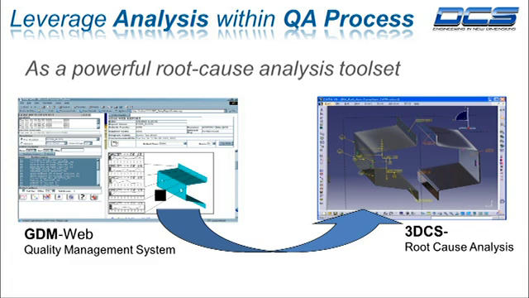Using the actual data now as a root cause analysis tool, we can solve the same problems that were encountered in the simulation, using that same information to address problems found during the build process.